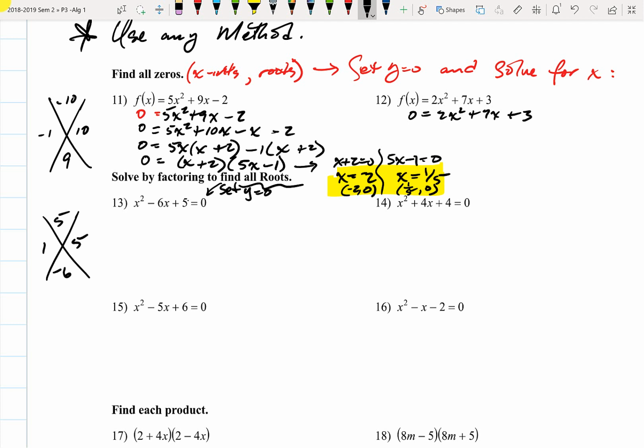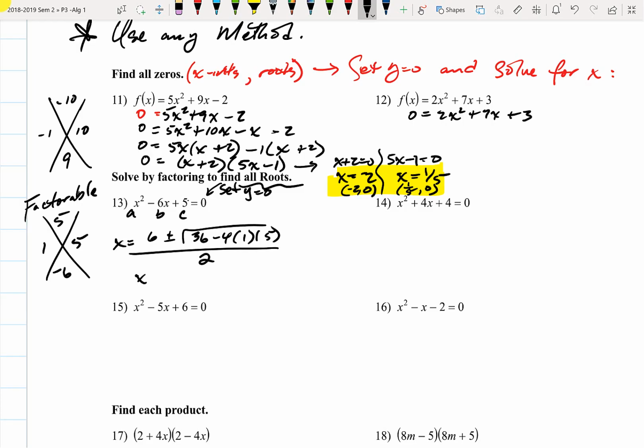So you could factor if you want. It's factorable. I'll tell you what, I'm going to use the quadratic formula, a, b, and c. So x is equal to negative b, so 6 plus or minus the square root of 36 minus 4 times 1 times 5, all divided by 2 times 1. So 6 plus or minus the square root of 36 minus 20, which is the square root of 16, divided by 2.